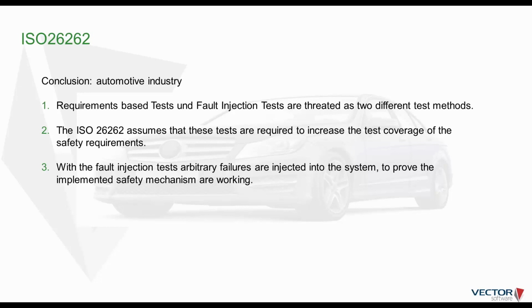The question will again be what we mean by arbitrary faults, or how we look at arbitrary failures. Of course, as we introduce failures, there should be mechanisms implemented in the system, as it's a proper safety system, which will show that they are working properly.